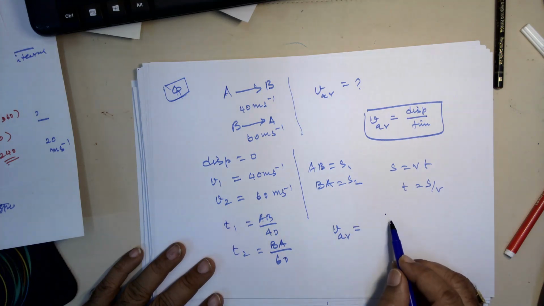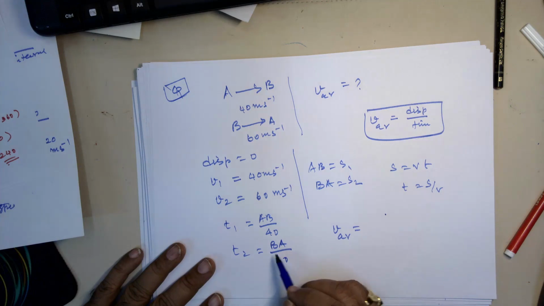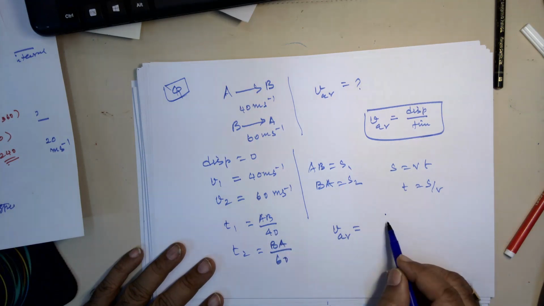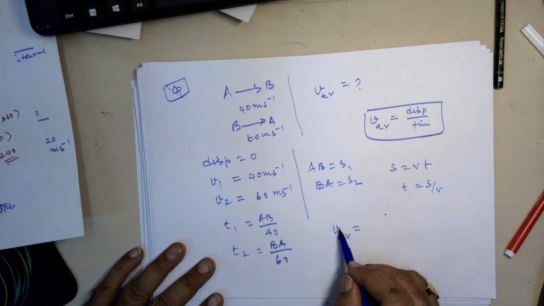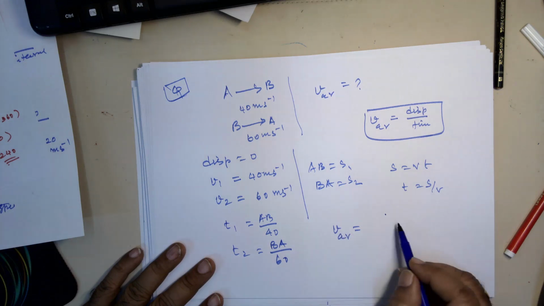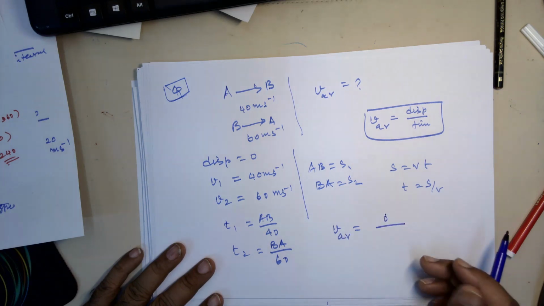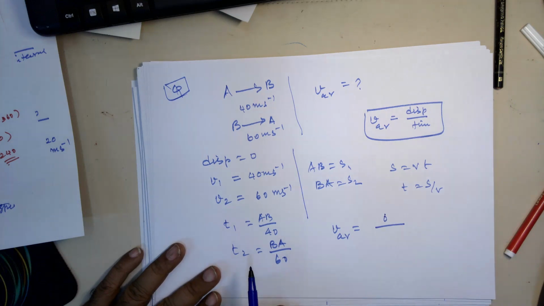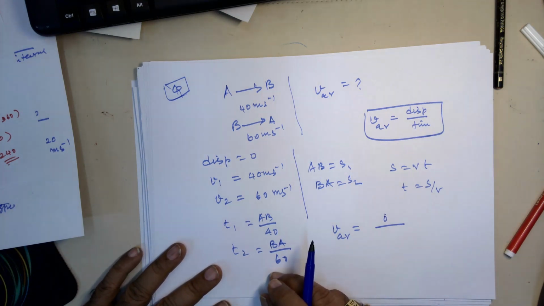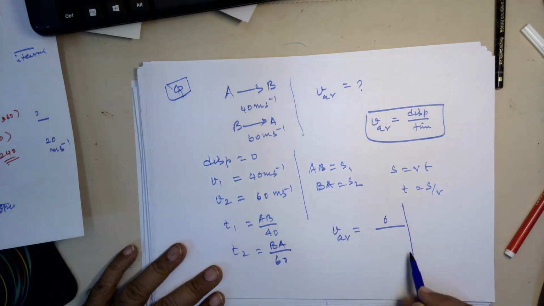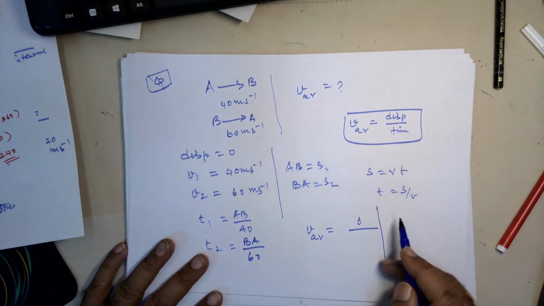You have to say that V average is equal to 0 divided by the total time, where we keep AB as the distance.